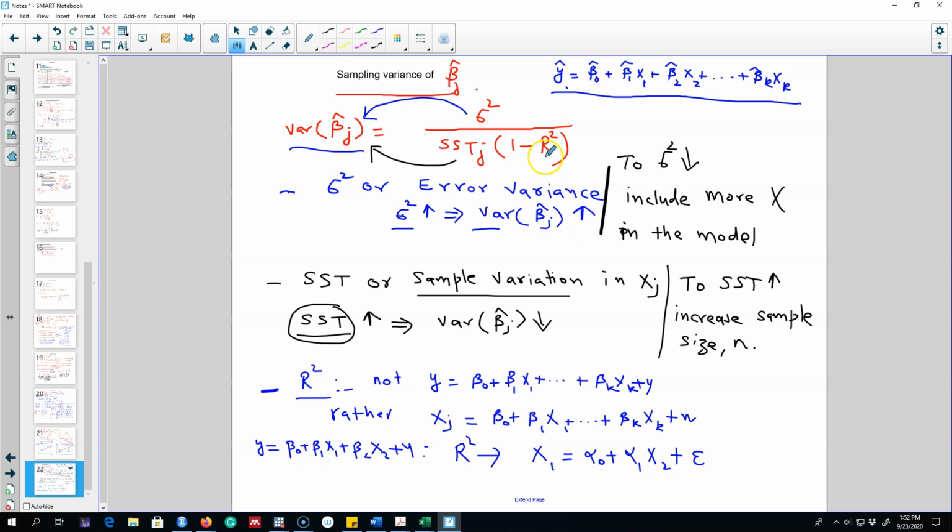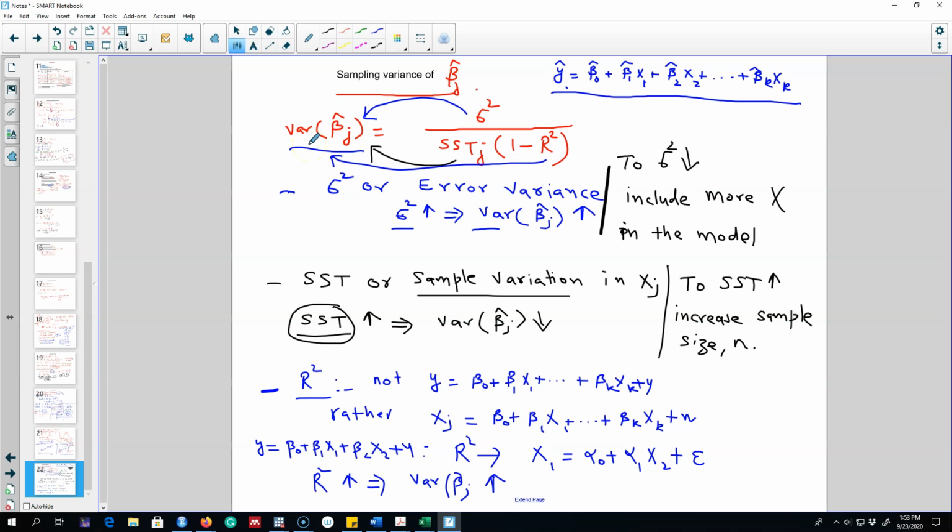As you can see here, there is a relationship between variance of beta j and r squared: if you increase r squared, variance of beta j will go up. This is because the term is 1 minus r squared, and we know r squared is between 0 and 1. So if r squared increases, this term will come closer and closer to 0, and variance of beta j will go up.